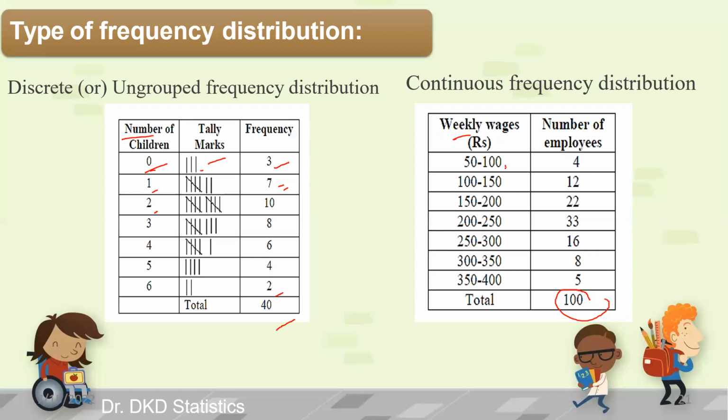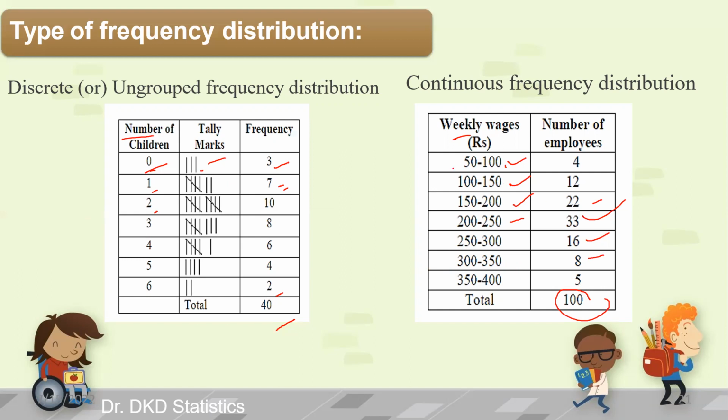There are 4 employees who get 50 to 100 rupees, 12 employees getting 100 to 150 rupees, 22 employees getting 150 to 200 rupees per day, and 33 employees getting 200 to 250 per day. We can say weekly, but we can say per day. And 16 employees are getting 250 to 300 rupees per day, 8 employees getting 300 to 350, and 5 employees getting 350 to 400 rupees per day.